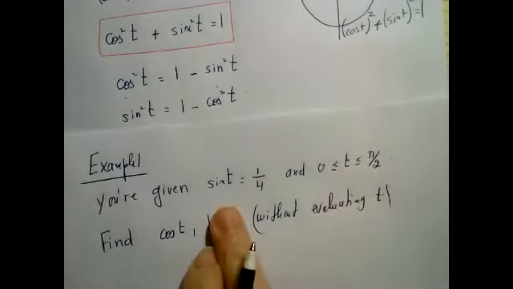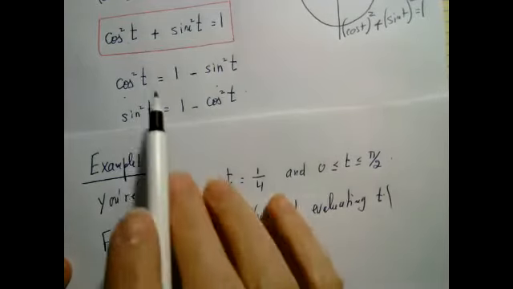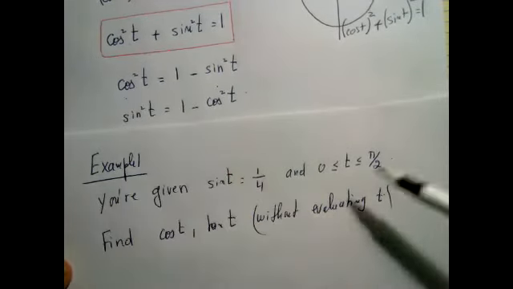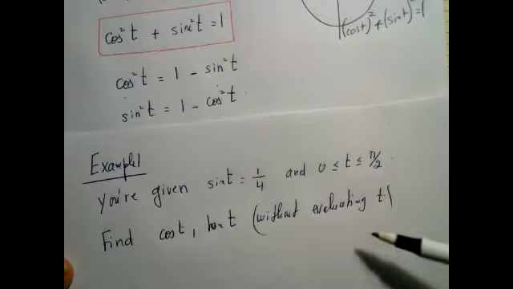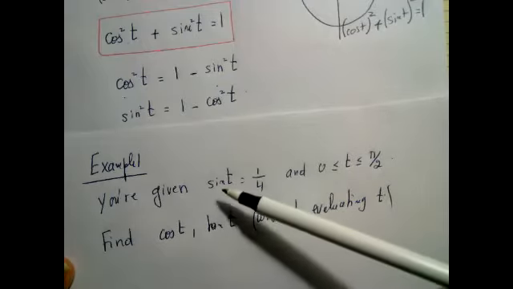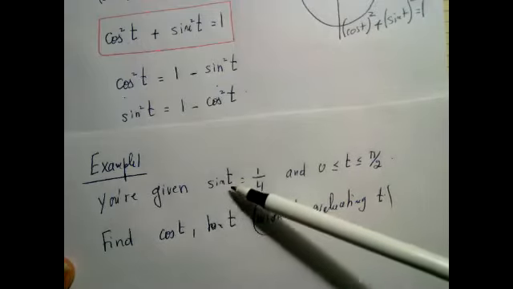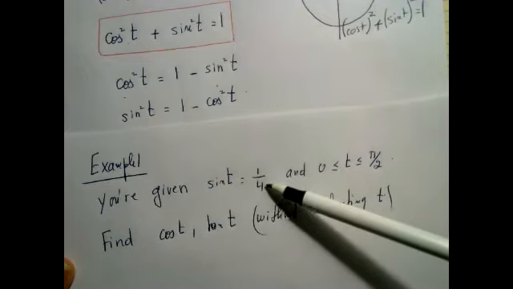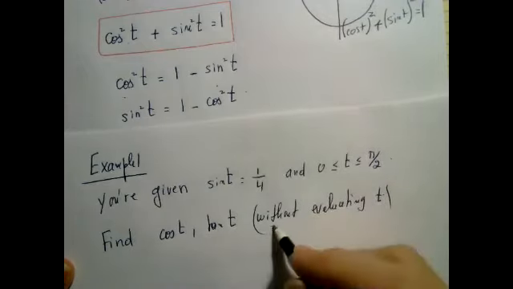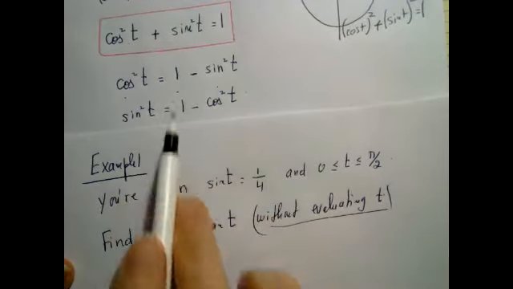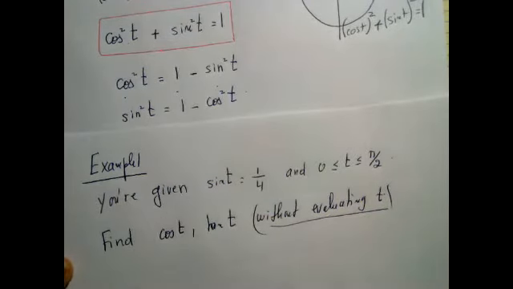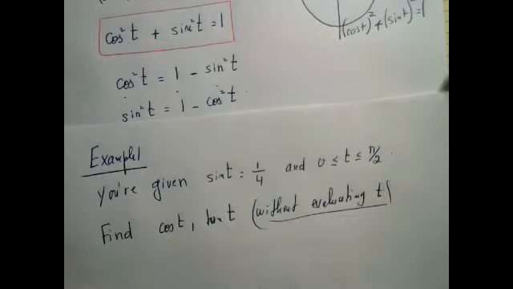So I'm giving you the sine, and I want you to find the exact value of the cosine without finding t. What do I mean? If sine t is 1/4, I can use the arc sine to find t, but I don't want you to do that. I don't want you to evaluate t. I want you to use those identities to find the cosine. All right? Are you with me?